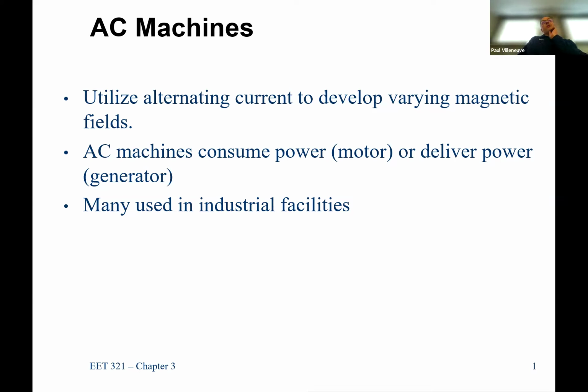If you work in an industrial environment, like a paper mill or a fab facility that is making widgets, you're more inclined to find AC machines, unless it's like a servo applicator where you're trying to maintain a specific position. Most DC machines tend to be very small in size.